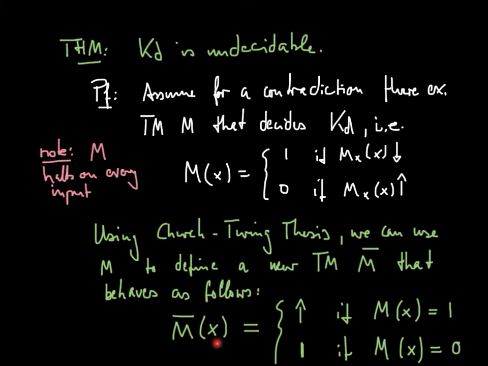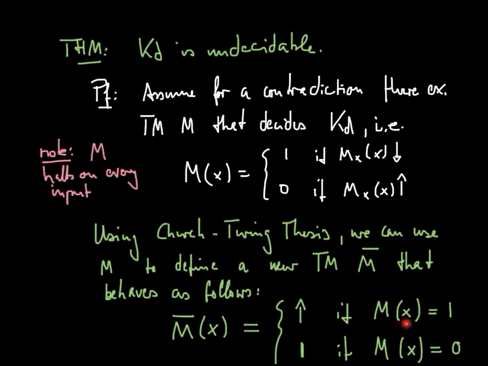On input x, M bar looks whether M of x outputs 0 or 1. If M of x outputs 1, it simply decides not to stop. So that can be done by just making the machine M bar enter an infinite loop. We have seen how to do this, and it's easy to do.